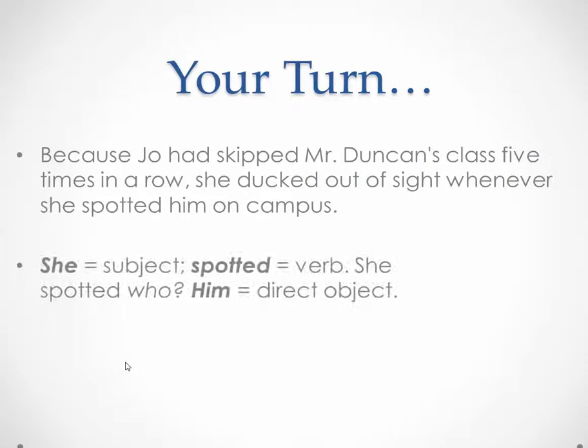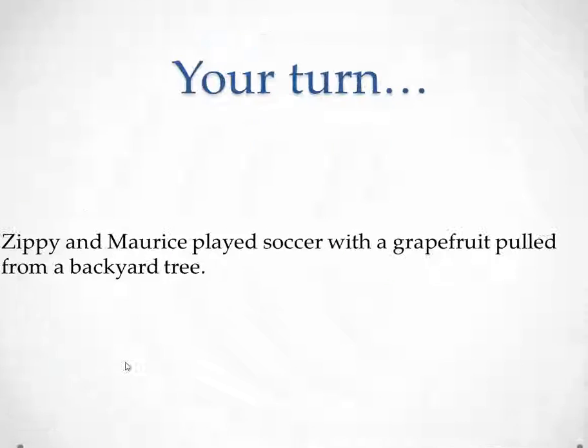Start with an easier one. Okay. Zippy and Maurice played soccer with a grapefruit pulled from a backyard tree. So first thing in that formula was to find the subject. Our subject is actually a compound subject. It's Zippy and Maurice. Now that we have our subject, we need to find our action verb, and it is played.